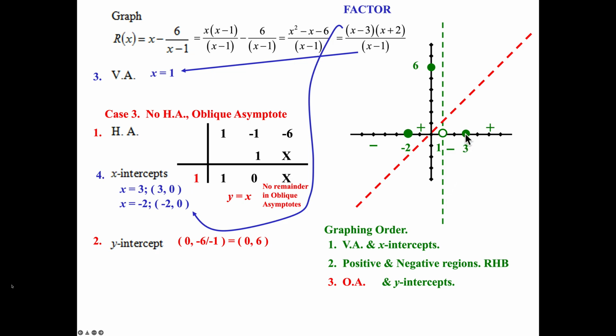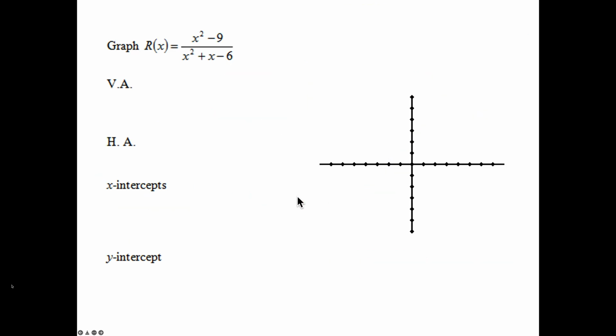And then from 3 to the right, to infinity, it's going to come up, and then it's going to run right next to that slant asymptote. And then again, if you're down on the right side of the vertical asymptote, you're up here on the left side. So we're going up on the left side of that vertical asymptote. We come down, we hit that y-intercept, we hit that x-intercept, and we run right next to that slant asymptote. And there's our graph.